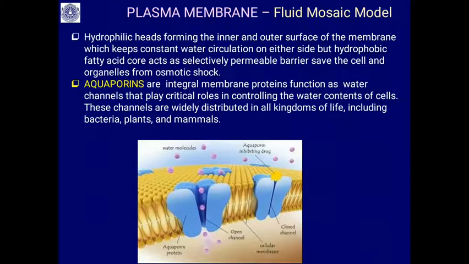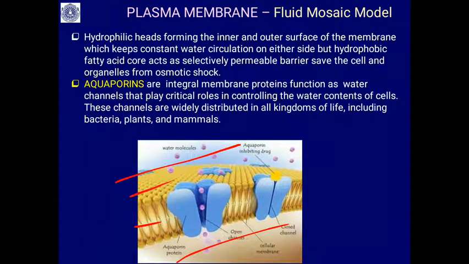The hydrophilic heads forming the inner and outer surface of the membrane, you know that, keep constant water circulation. Either side, outside and inside, the water circulation will be there because they are hydrophilic, whereas the middle portion is hydrophobic. The fatty acid core acts as a selectively permeable barrier, saving the cell and organelles from osmotic shock.